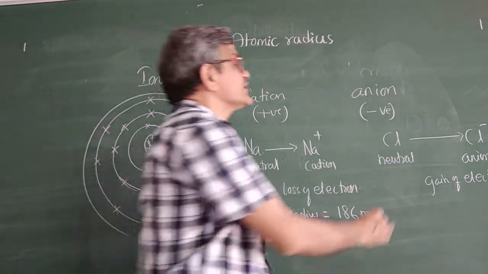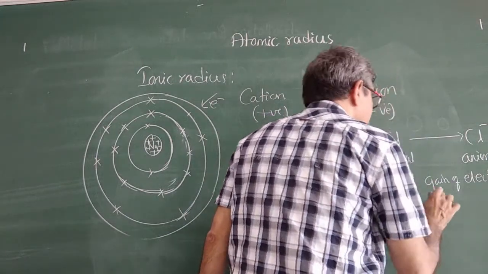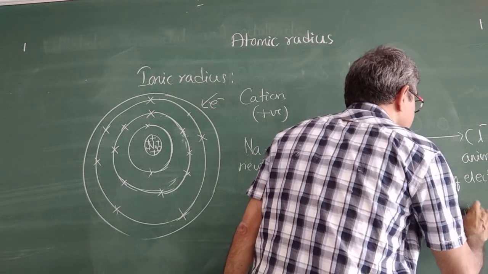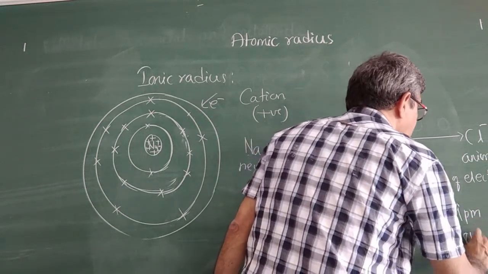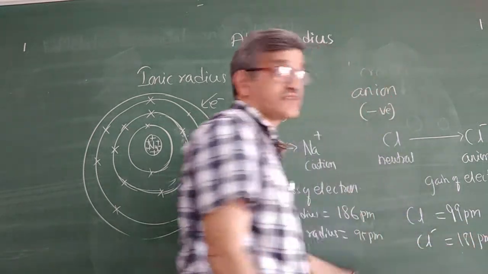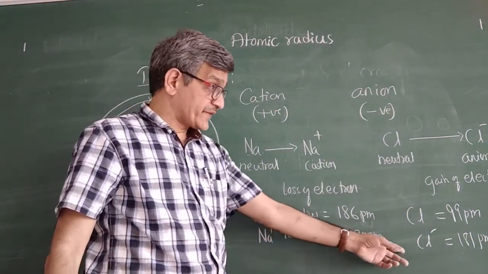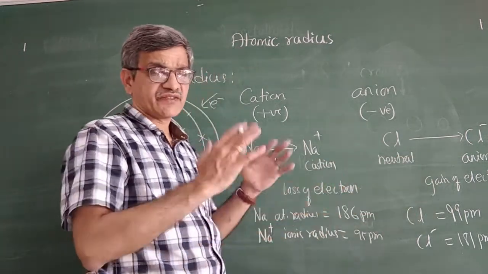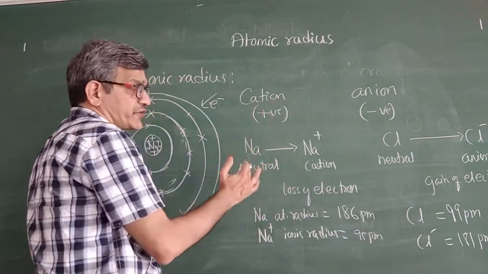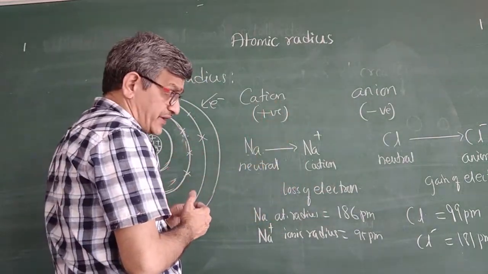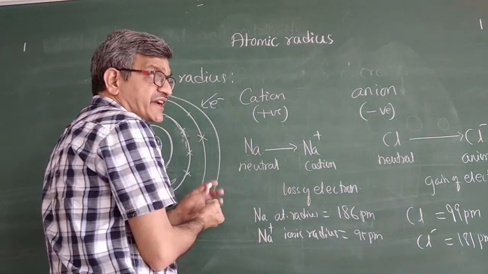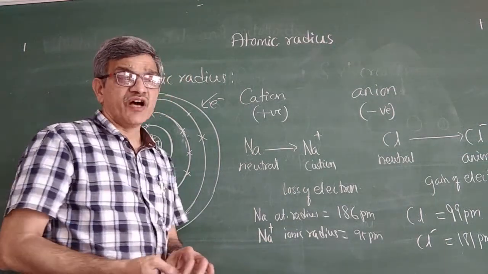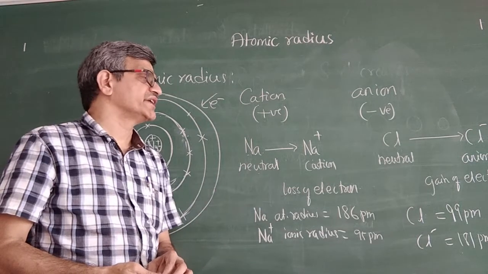Whereas chlorine has a radius of 99, whereas Cl minus is 181, it increases. The reason is that here there is a gain of electron, which will repel, and the size increases, whereas here there is loss of electron and the size decreases. Okay, so nuclear charge increases, it is attracted towards the nucleus, so therefore size decreases. So this is about the atomic radius and ionic radius.